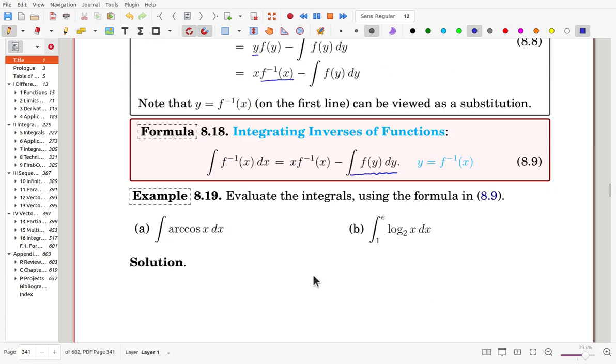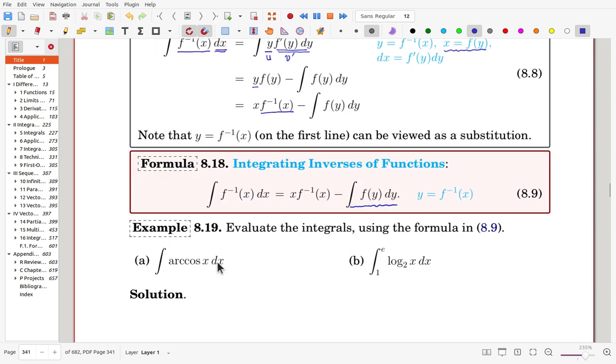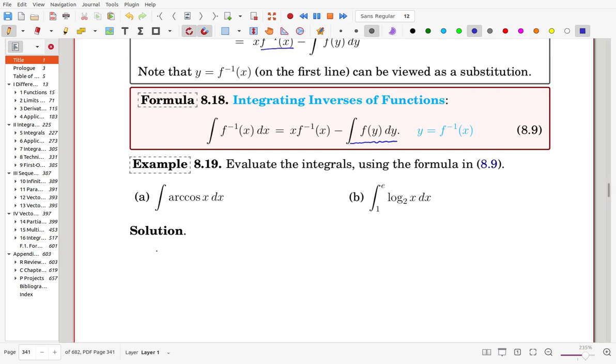Okay, let's try to solve this problem. Here, y equals f inverse of x can be considered as a substitution. For this one, we'll solve along with that derivation, and for that one, we'll use this formula. Now, that is cosine inverse of x, so we choose the substitution y equals cosine inverse of x.